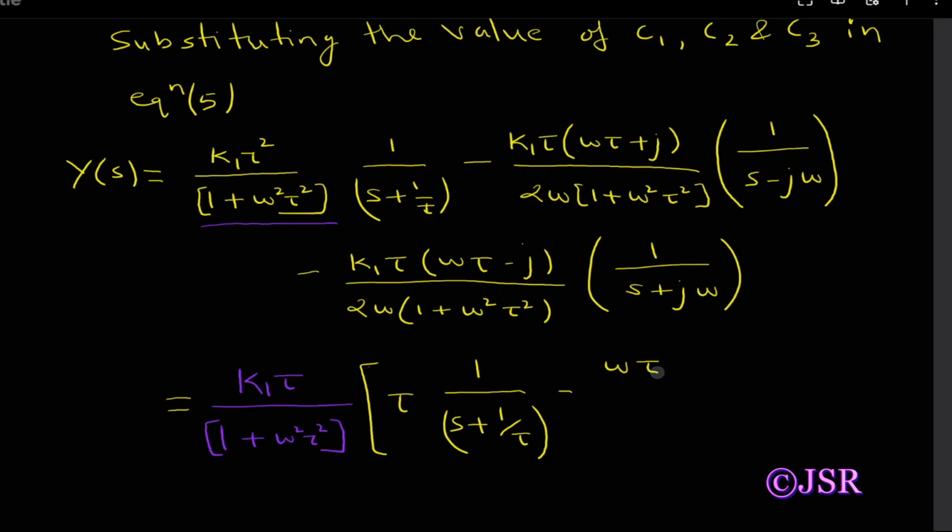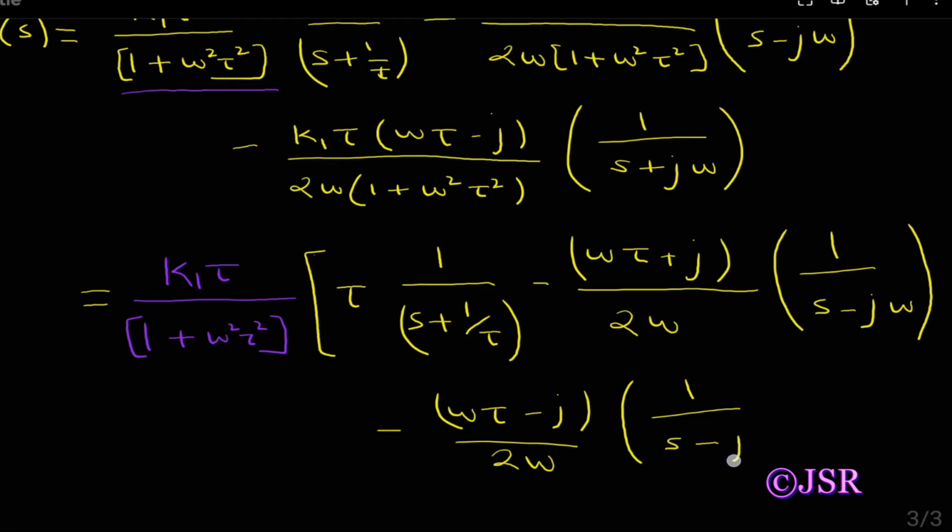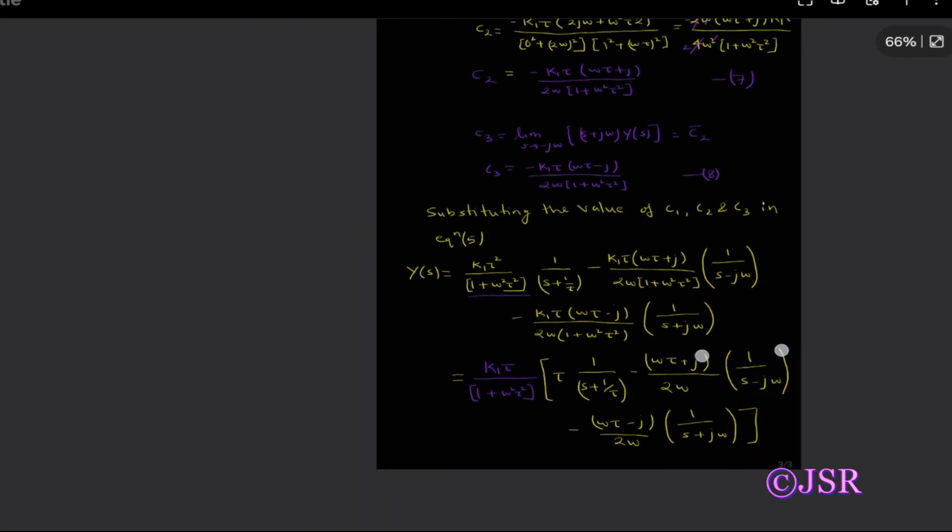The second term will be minus omega tau minus j upon 2 omega and 1 upon s minus j omega, and then we have minus omega tau minus j upon 2 omega 1 upon s plus j omega.